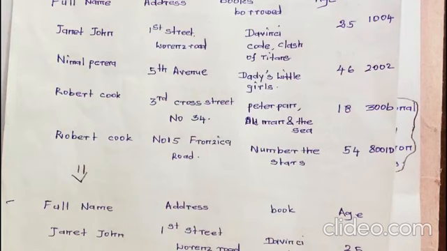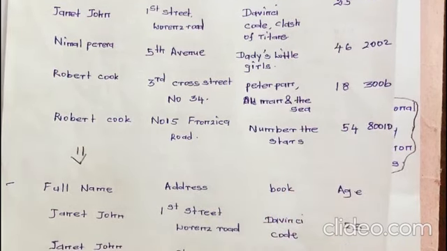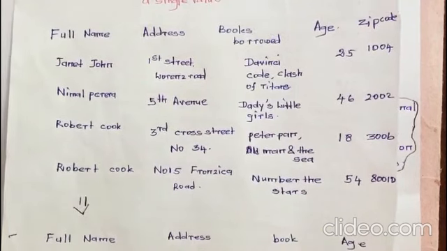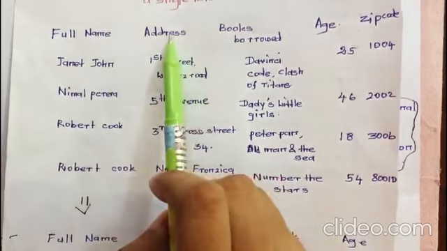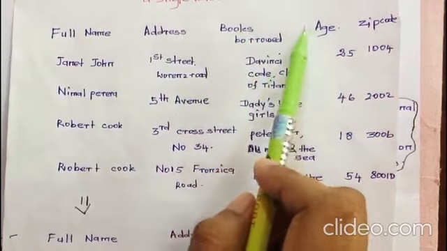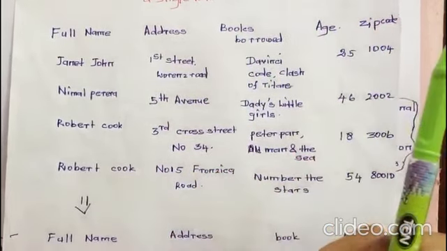So throughout this video we are going to apply the normalization forms step by step and make it a normalized table. First, the attributes of this table are full name, address, books borrowed, age, and the zip code.